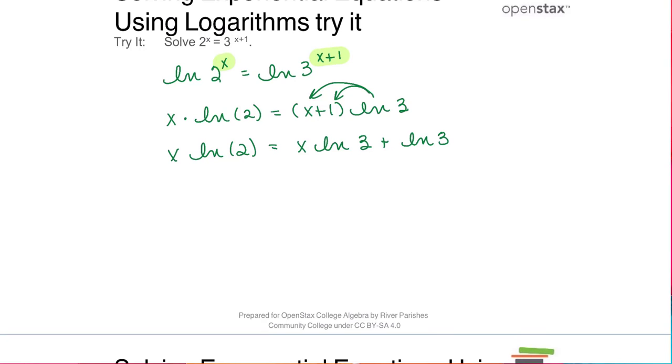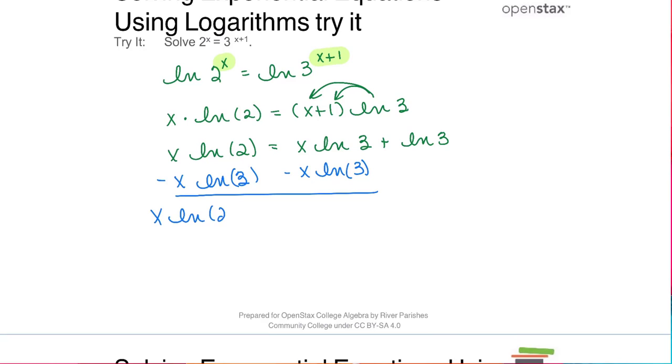And then I want the x's on the same side, so I would subtract x ln of 3 on both sides. And I get x times ln of 2 minus x ln of 3 is equal to ln of 3.